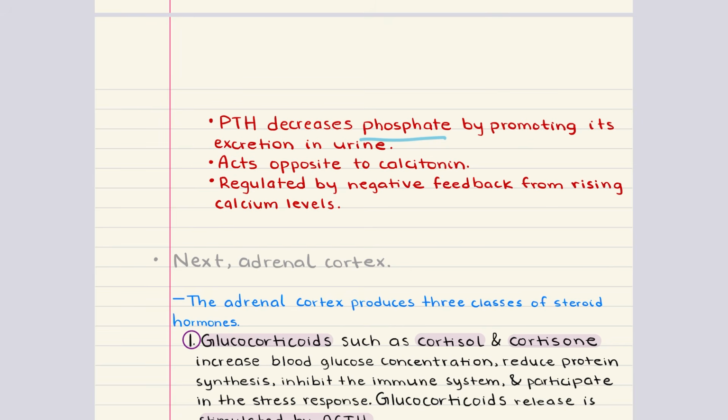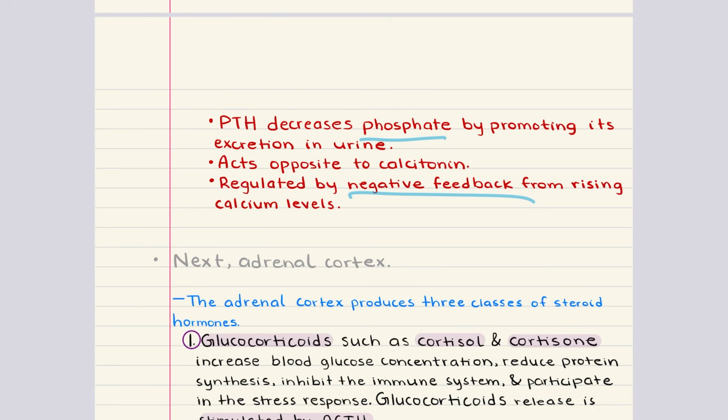And now, like many hormonal systems we've seen so far, parathyroid hormone is regulated by negative feedback. So when blood calcium levels rise above normal, the release of parathyroid hormone is suppressed. This is going to ensure that calcium levels don't climb too high, which could otherwise lead to some serious problems.